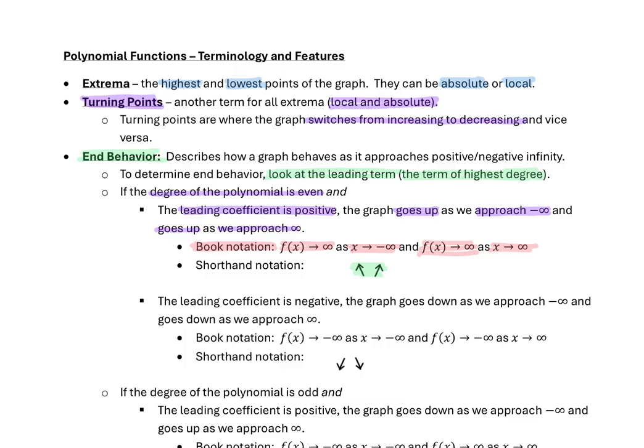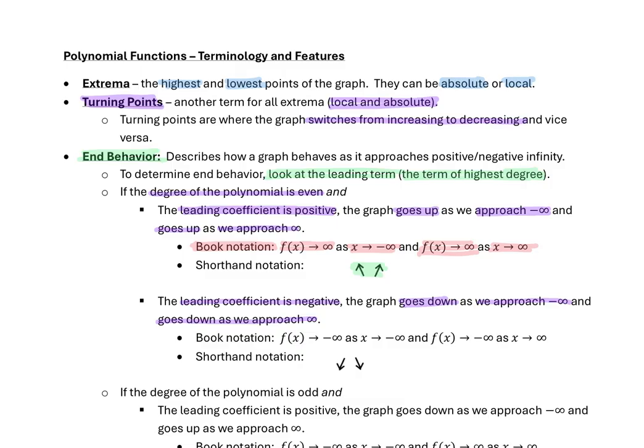All right, so let's talk about what that means. If the leading coefficient is negative, and we still have that our degree is even, then the graph goes down as we approach negative infinity, and it also goes down as we approach positive infinity.